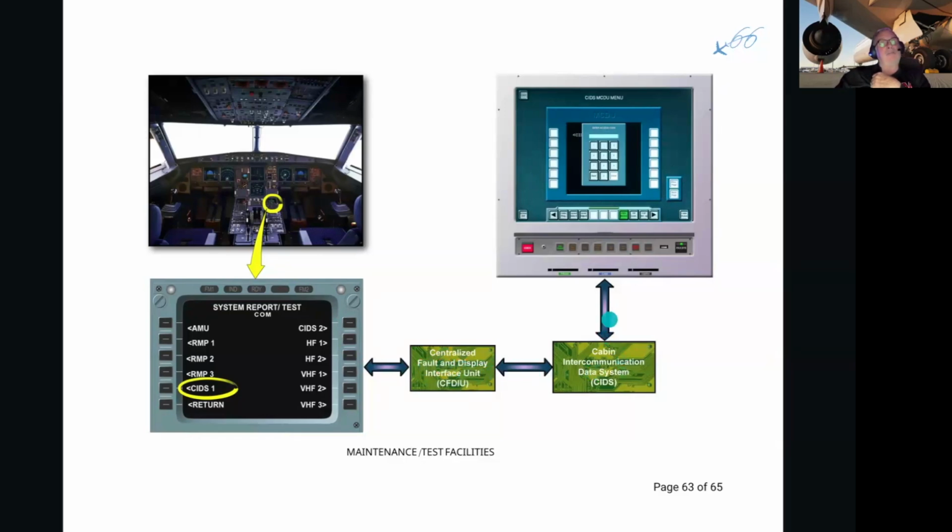I want to do some tests of the cabin. You can call up an MCDU, just like the MCDU in the cockpit, on the forward flight attendant panel, and do some tests here without having to go into the cockpit.